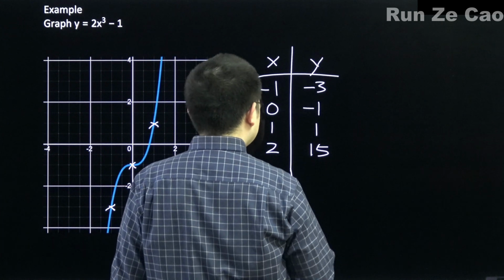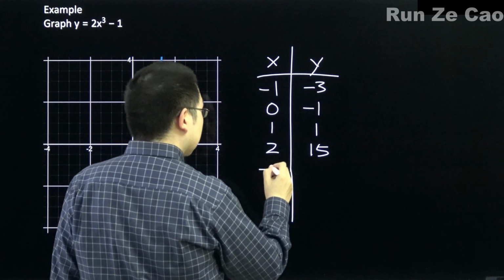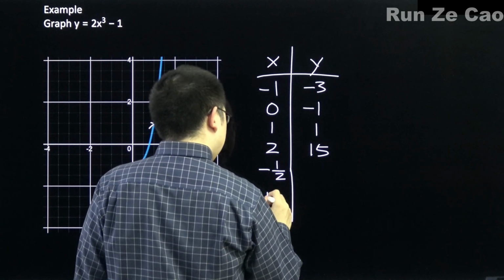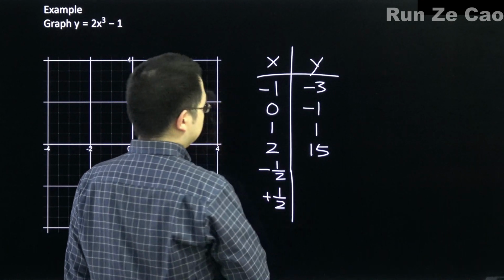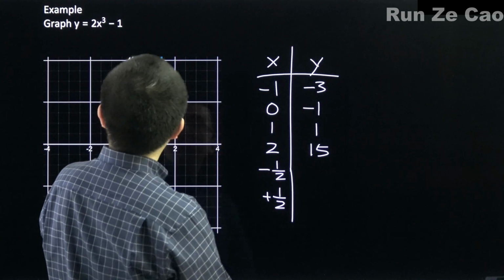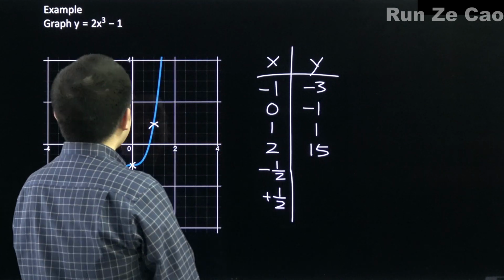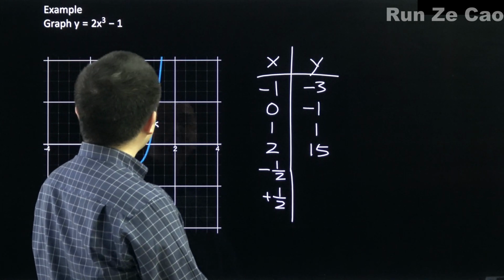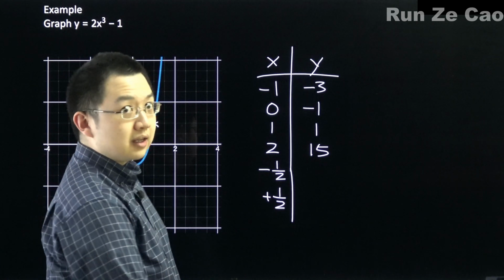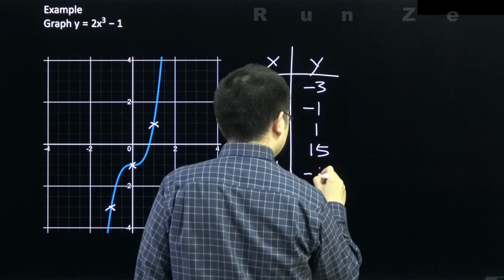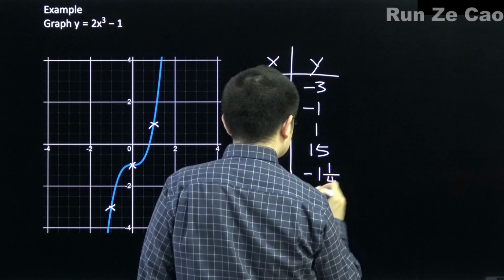Well, we can add some in-betweens. Like say, -1/2 and +1/2. Well, for -1/2, 2 times -1/8 minus 1, 2 times -1/8, that's -1/4 minus 1. So that's -1 1/4.